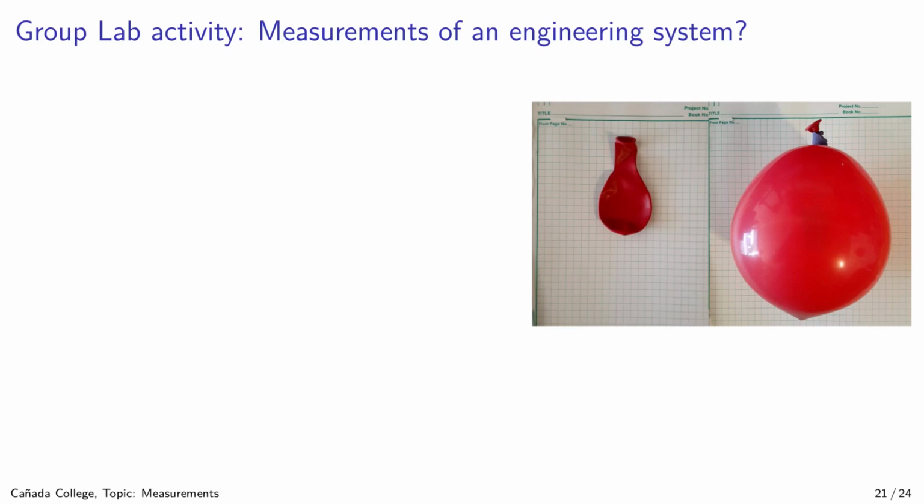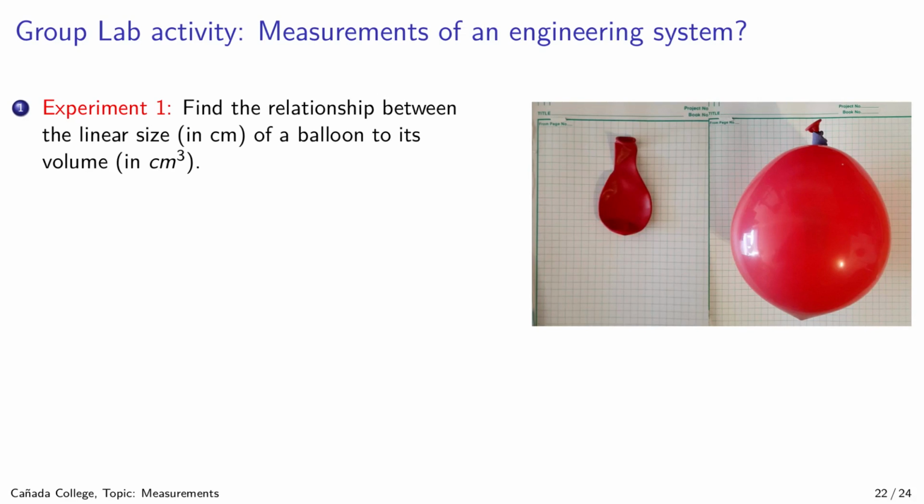So with that, let's move on to the first hands-on activity you will be doing, which is making measurements. You will make measurements on a very interesting engineering system, the balloon. The first experiment you will do is to find the relationship between the linear size of a balloon and its volume.